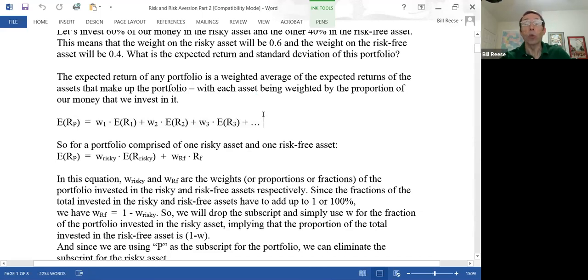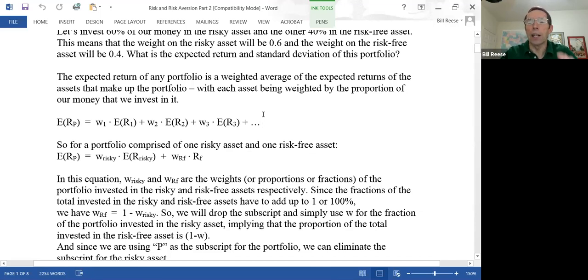If we have 100 assets in the portfolio, it's the same thing. The last part is the weight on asset 100 times the expected return on asset 100. Again, weights always have to add up to 1. So if you have 30% of your money in asset one, then the weight on asset one is 0.3. If you have 25% of your money in asset two, the weight on asset two is 0.25, etc. Weights always have to add up to 1.